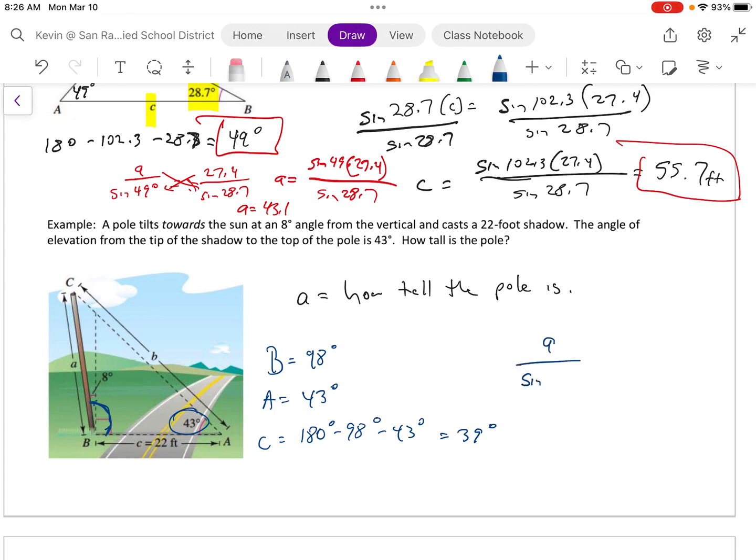We'll go with A over the sine of 43 degrees, equals, and we'll go with 22, which is the length of C. We know C is sine of 39.